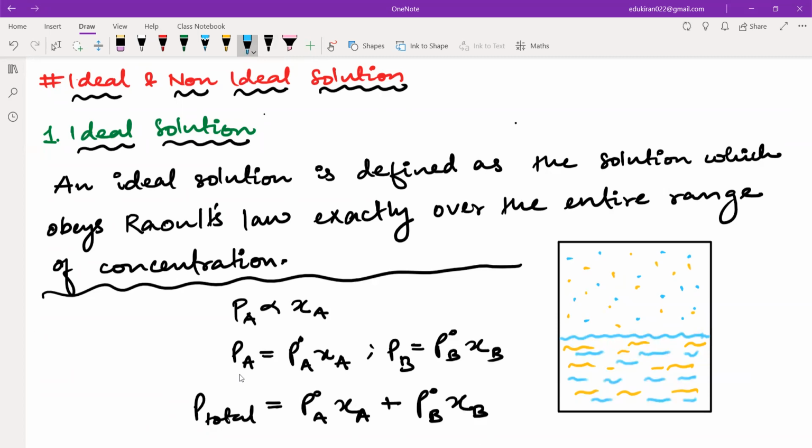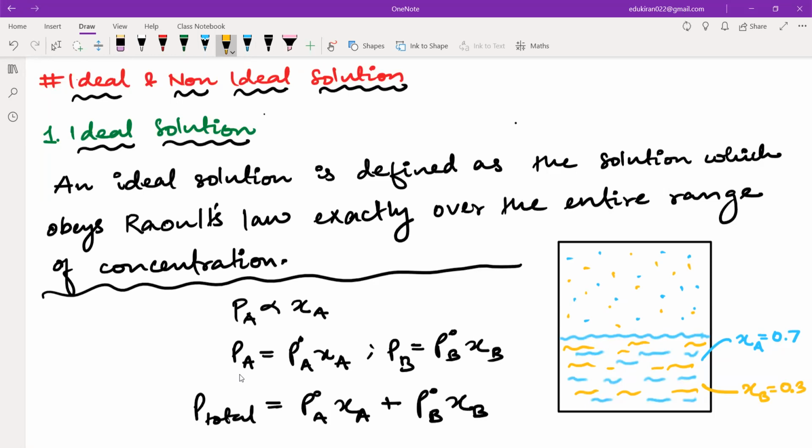We will say that the blue one is chi A, which is equal to 0.7. This solution, I have made it with a mole fraction for water of 0.7, and whatever this yellow one is, that is chi B, equal to 0.3. We have taken its mole fraction as 0.3.